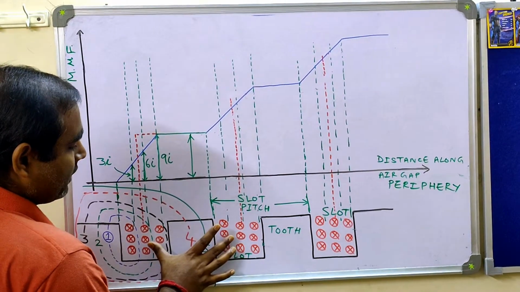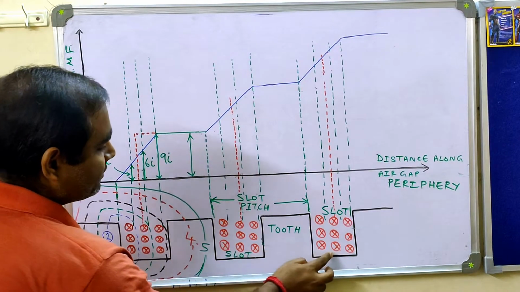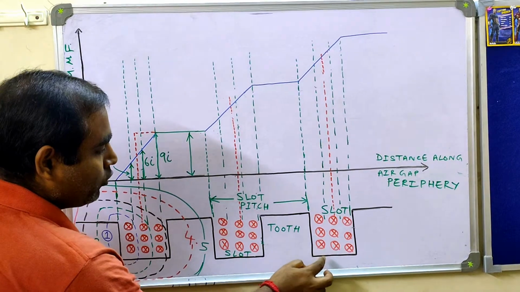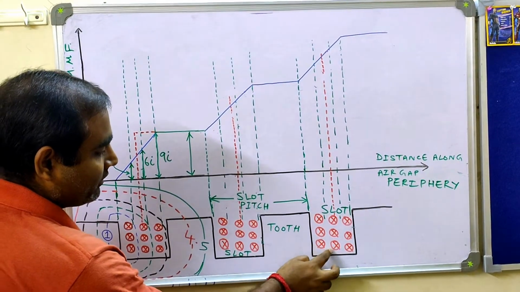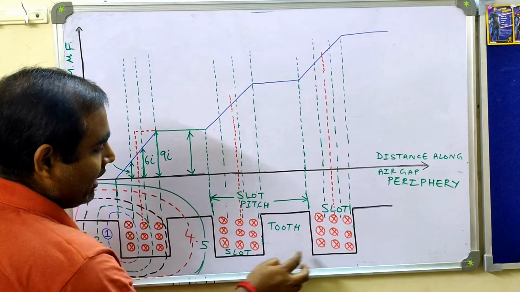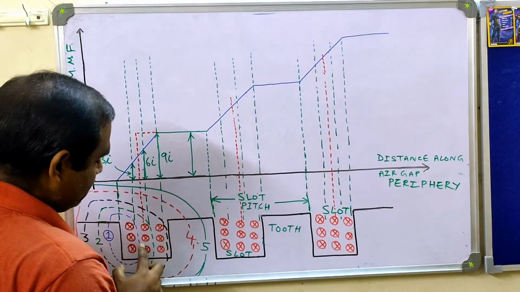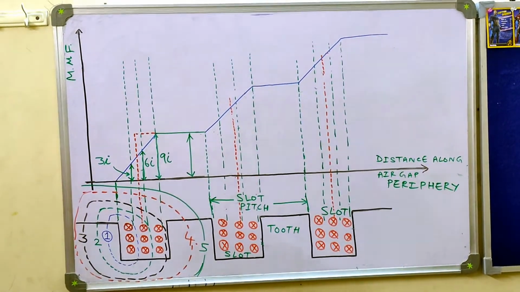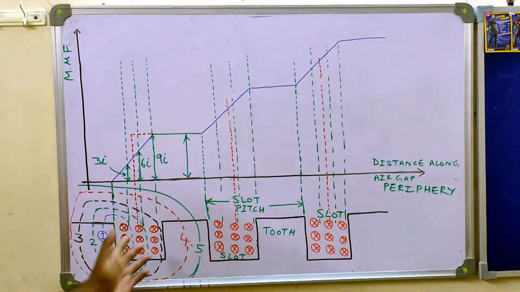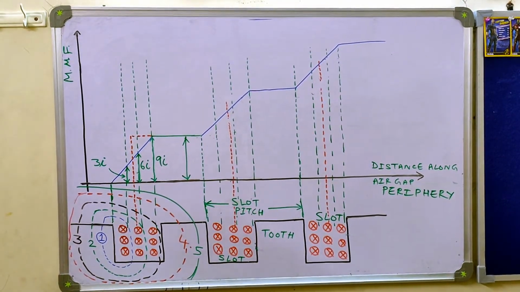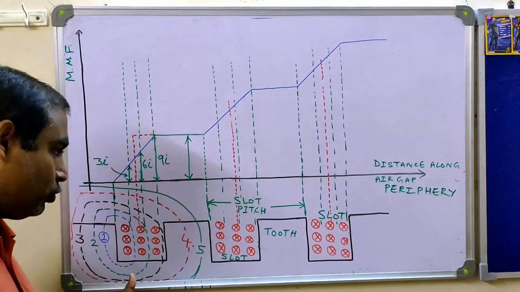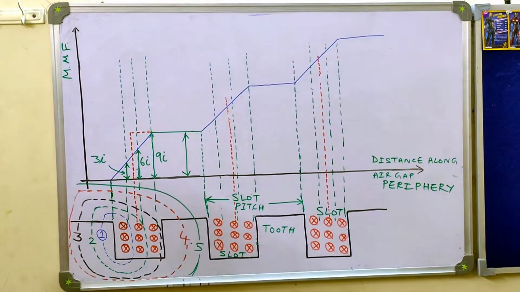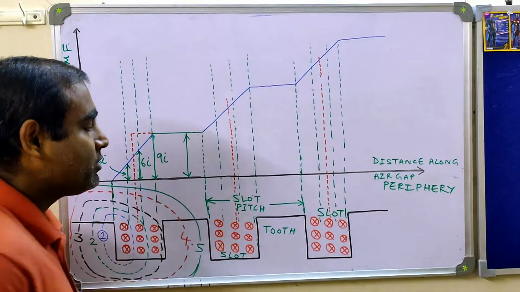Because if these 2 slots are under north pole and this slot is under south pole, the polarity of current carried by the conductor in the south pole slot has to be opposite to that carried by the conductors of the 2 slots under north pole. So in order to avoid that kind of situation, I have assumed that these 3 slot pitches are under the influence of the same pole, let's say north pole.